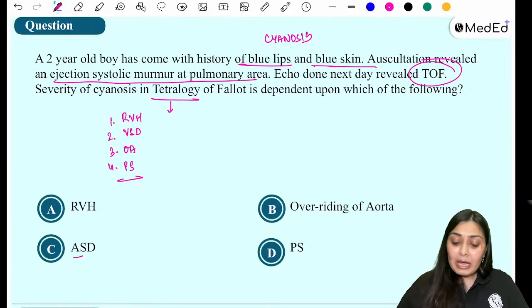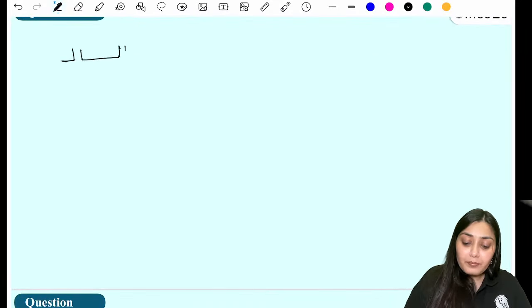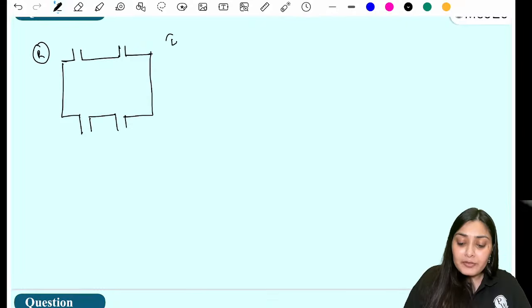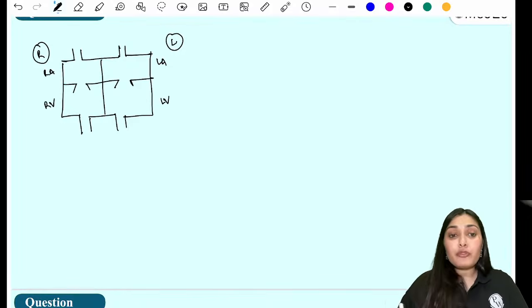So what is happening essentially over here? If I make a line diagram, this is the right side of my heart, this is the left side. We have the right atrium, right ventricle. We have the left atrium, left ventricle. So what all features do we have here?